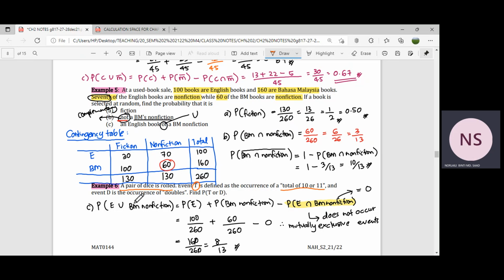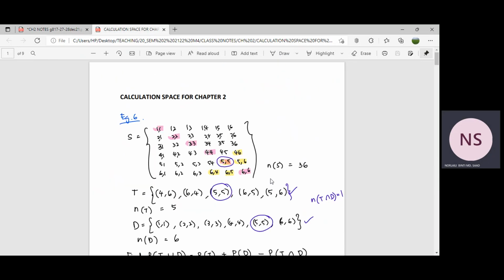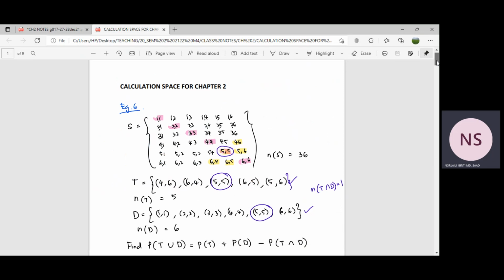And event D is the occurrence of doubles, which is 1,1, 2,2, 3,3, 4,4, 5,5, and 6,6. Now we want to find the probability of T or D, the union. This will be the solution for homework example 6.